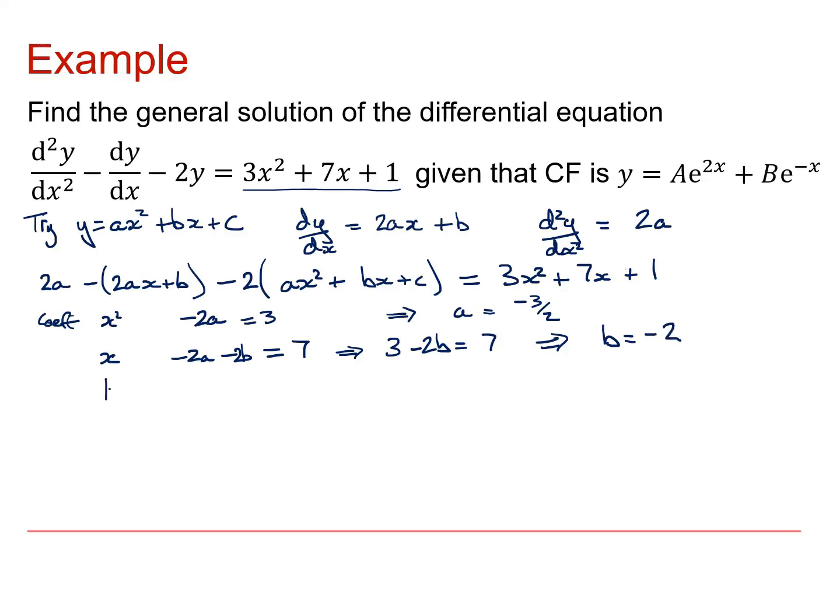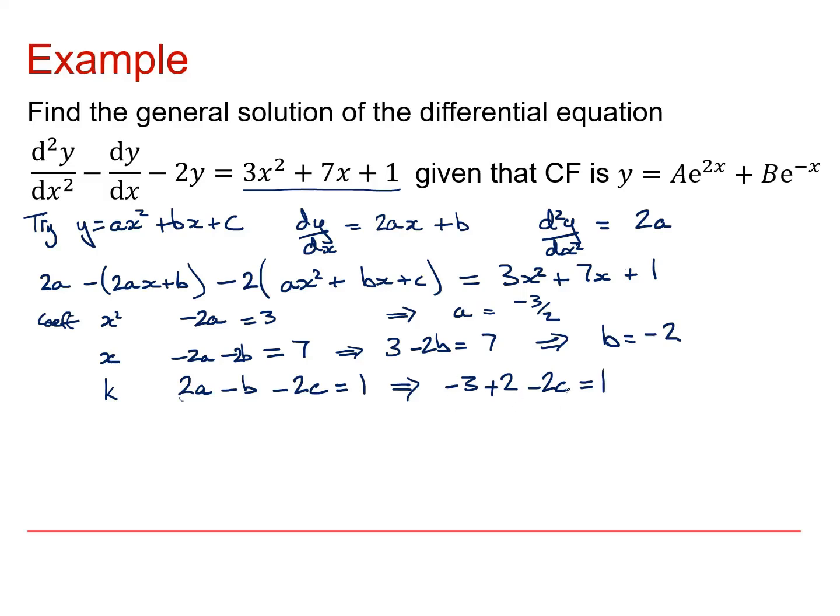If we now look at the constant terms, I'm going to get 2a minus b from the middle bit and a minus 2c from the last bit, and that's got to be equal to 1. Again, I already know that a is minus 3 over 2 and b is minus 2, so I'm going to get minus 3 plus 2 minus 2c is equal to 1.